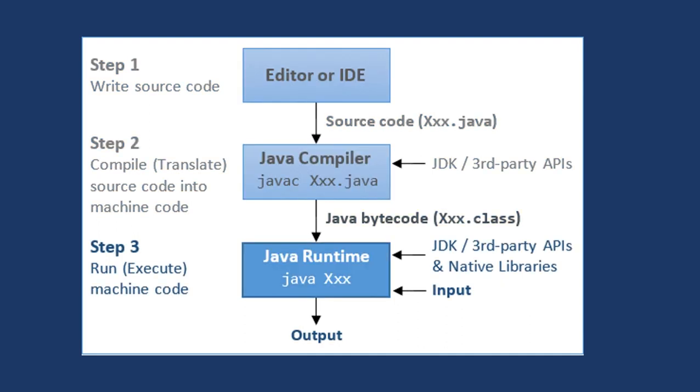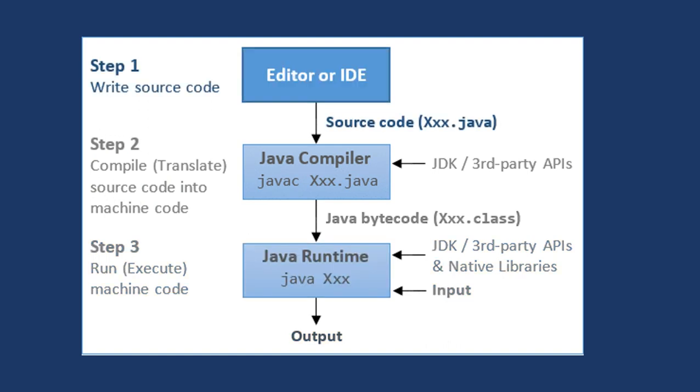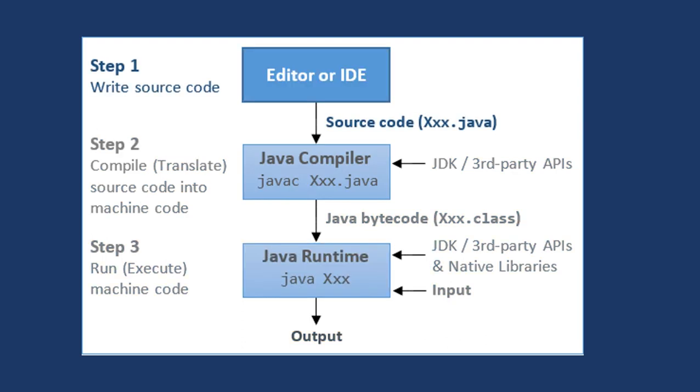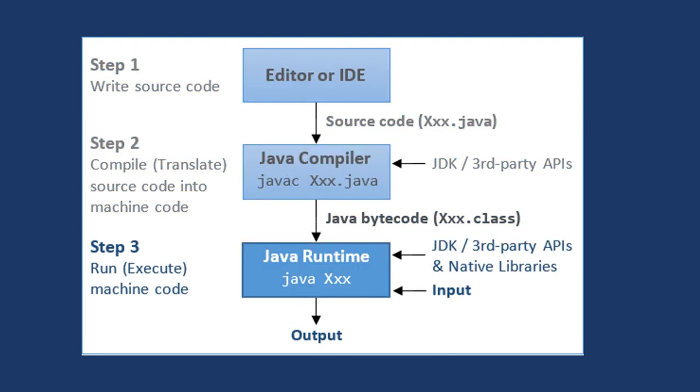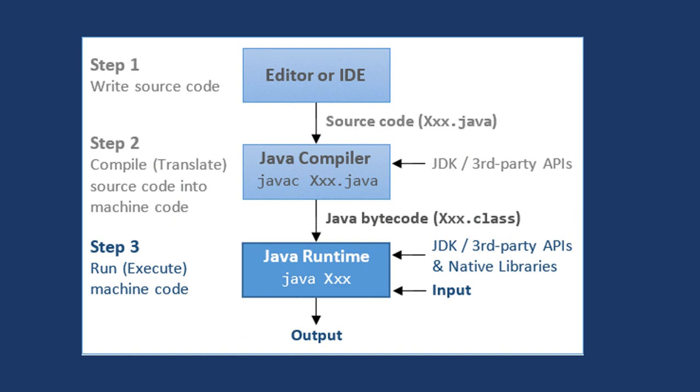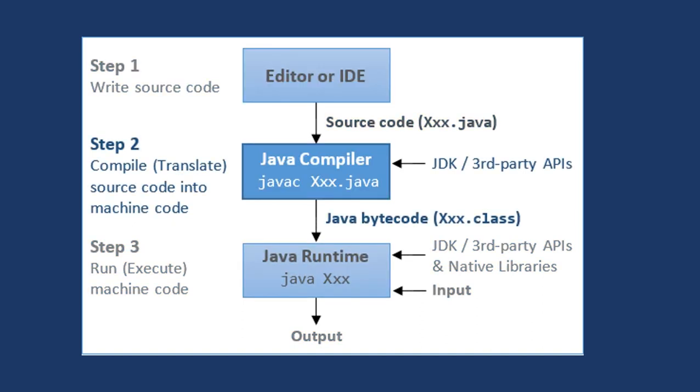For example, if you saved Xxx.java on the desktop, the first step is to navigate to the desktop folder, and then you give javac filename.java, which means we are calling the Java compiler to compile Xxx.java. That is what it means.